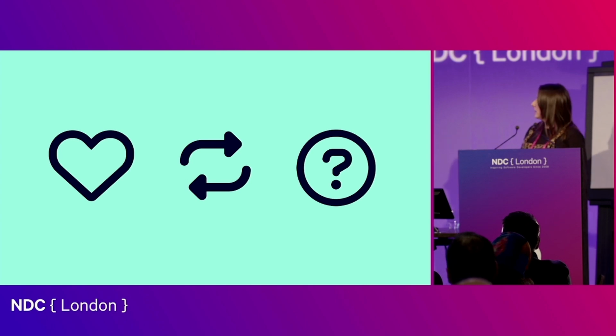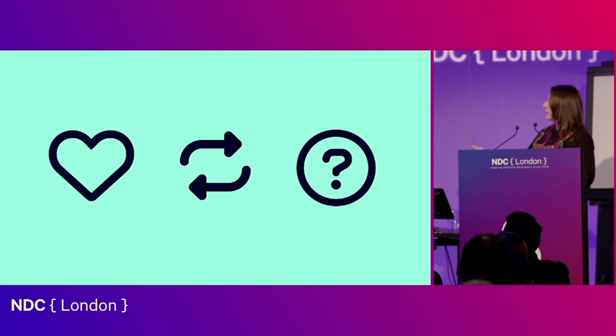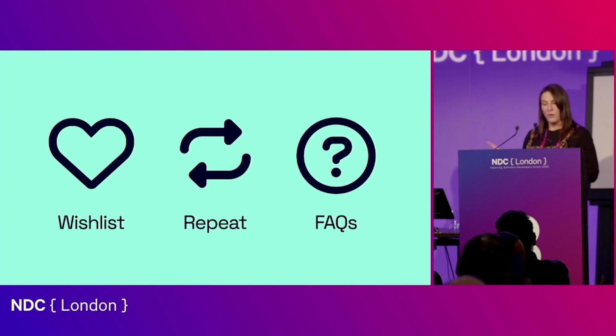Now, we consider what these icons might do, or what they might represent. They might not be as familiar, they might not be as obvious, or we might think that they are. So the heart could mean like, that one in the middle could be a repost. The last one could be a link to the live chat. Or it might not be. These could be something completely different.